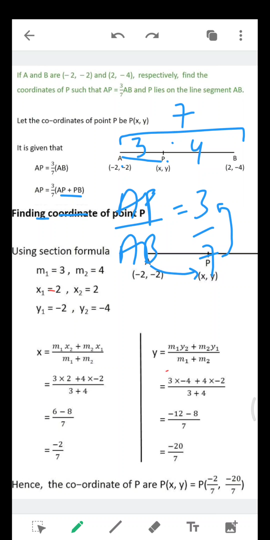Multiplying it, 3 times 4 is minus 12 and 4 times 2 is minus 8, that is minus 20 by 7. So this is the way we find the point P by using the ratio and the section formula. Hope it's clear to you all.